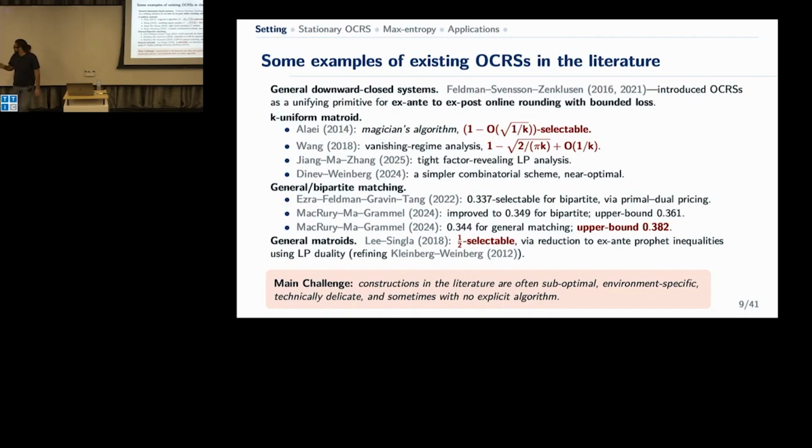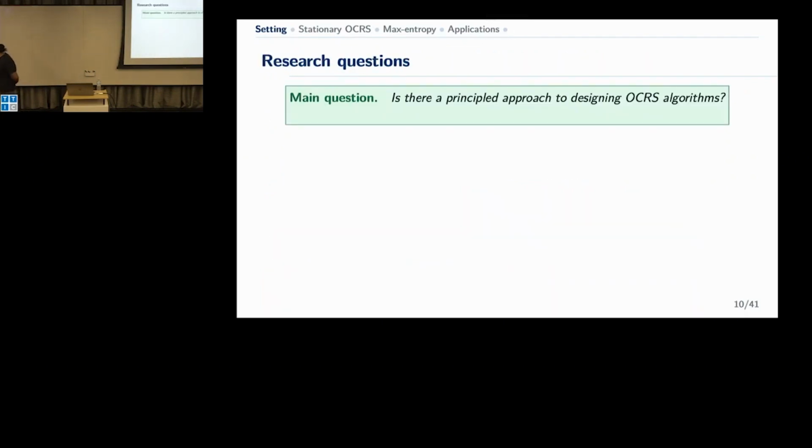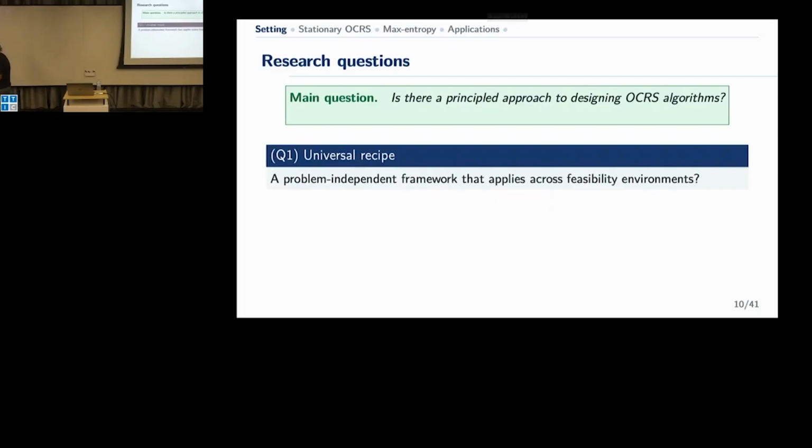All right? So the main question I'm going to ask in this talk is the following. Is there a principled approach to design online contention resolution schemes? In particular, I'm wondering if there exists some almost problem-independent framework where you can set up this problem in a way that is not related to the particular feasibility environment you want to study.